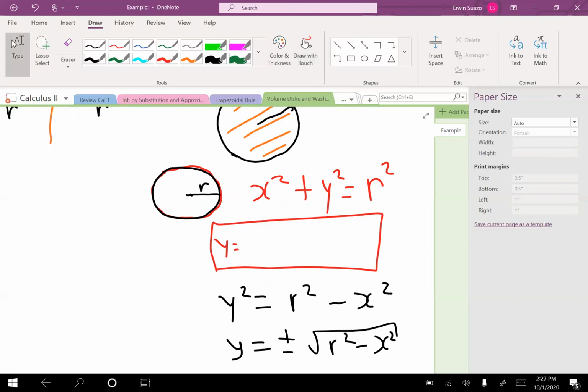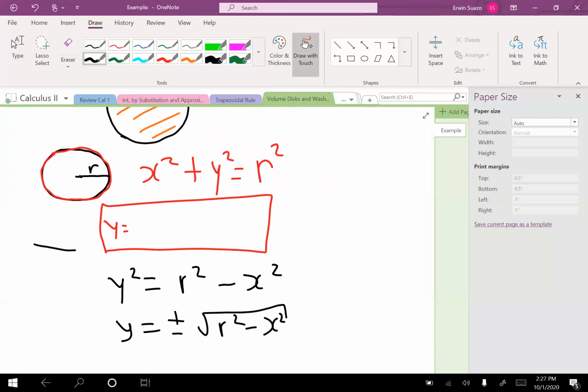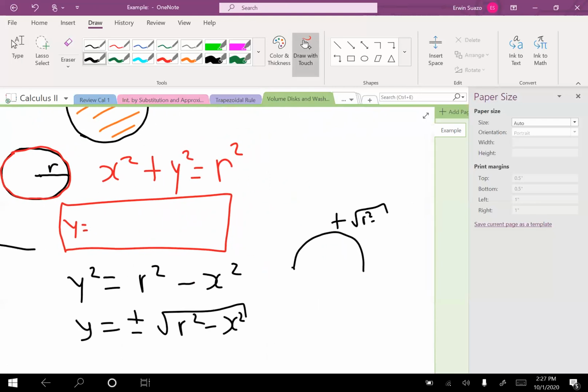So my question is, do I choose the positive or the negative? Positive. So for the equation of the circle, the positive is this one, the square root of r squared minus x squared.